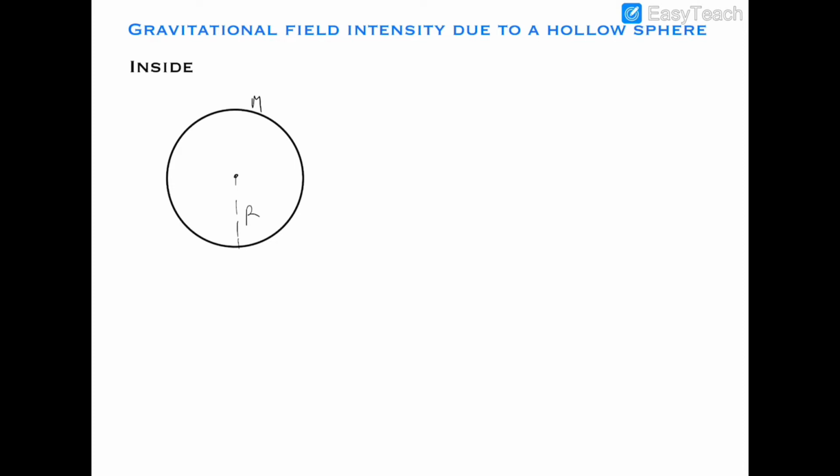We have already discussed in electrostatics that the electric field intensity inside a hollow uniformly charged sphere was 0, and that was proved by Gauss's law. But there is no Gauss's law for gravitational fields, so I'll prove this fact by some other method.